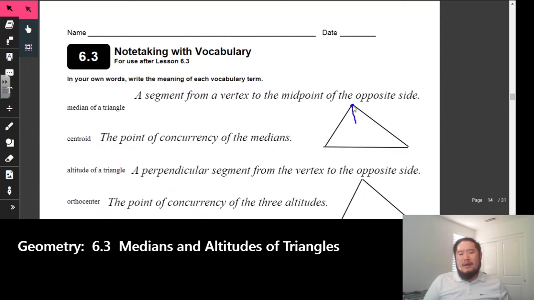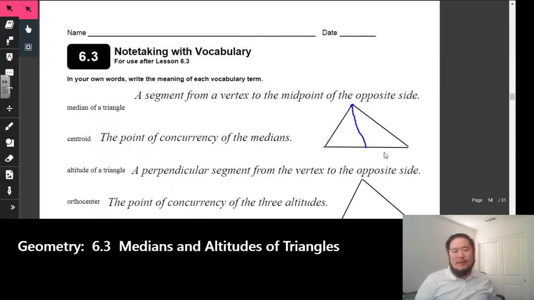In my diagram right here, I'm just going to eyeball it. But in real life, you would need to find the midpoint of that segment, the opposite side. Once again, you would have to find the midpoint of the opposite side to the vertex to find where exactly the middle is, or else you may not find where the middle is.